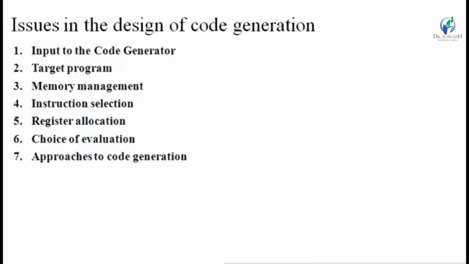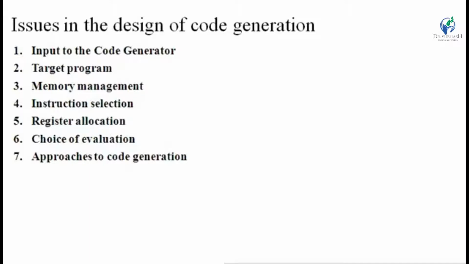Next is choice of evaluation. The order in which computations are performed can affect the efficiency of the target code. Some computation orders require fewer registers to hold intermediate results than others. Picking the best order is another difficult NP-complete problem. And seventh is approaches to code generation.